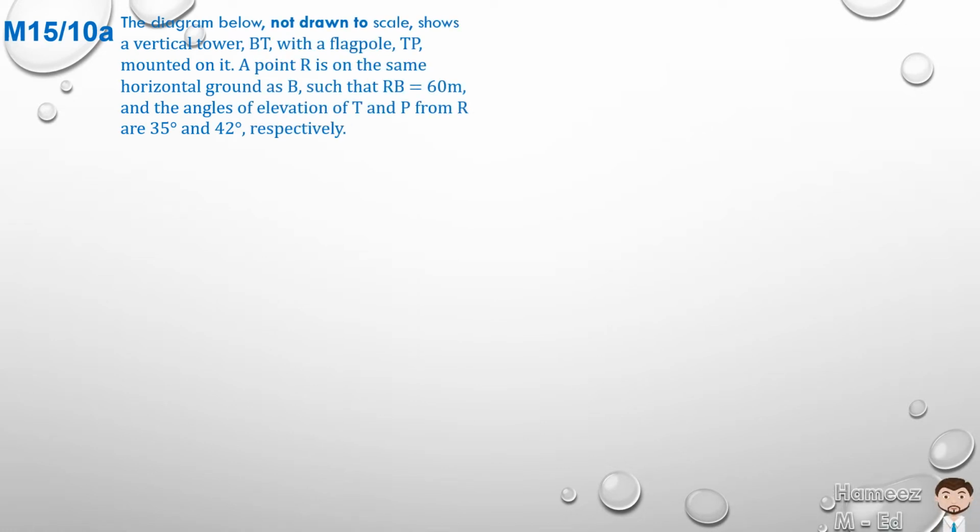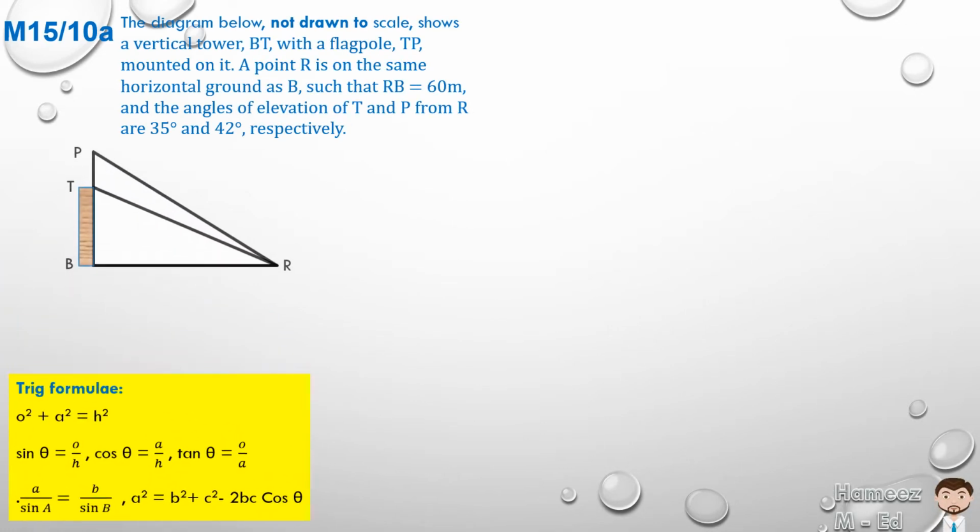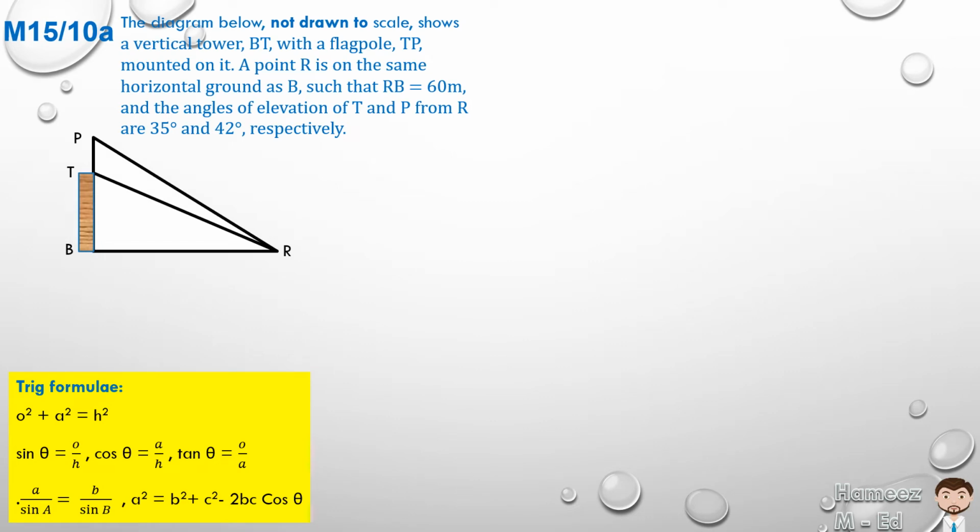May 2015, number 10A. The diagram below, not drawn to scale, shows a vertical tower BT, and we have that in brown, with a flagpole TP mounted on it, and that is indicated in red.